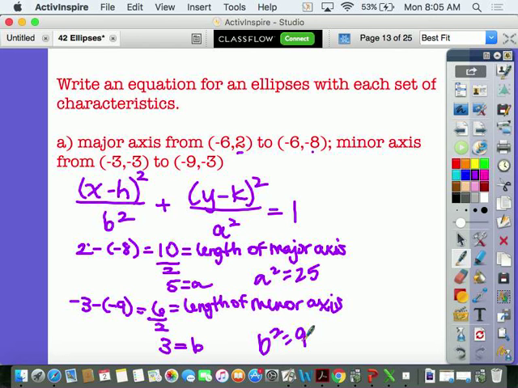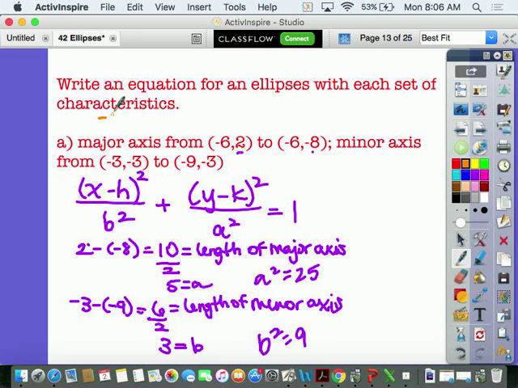Now the last thing we need to find is our center. And so really and truly, the center is the midpoint between the vertices of our major axis or the midpoint between the co-vertices on our minor axis. So we need to find the midpoint from (-6, 2) to (-6, 8), or the midpoint from (-3, 3) to (-9, 3). Doesn't matter because we'll still get the same answer either way.